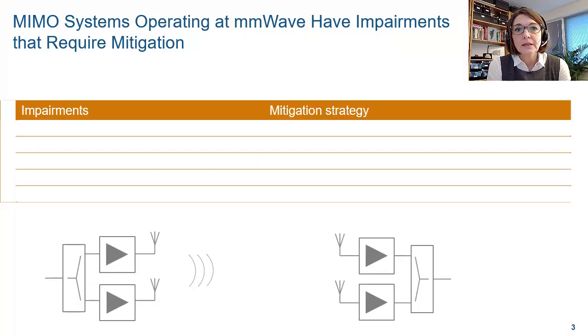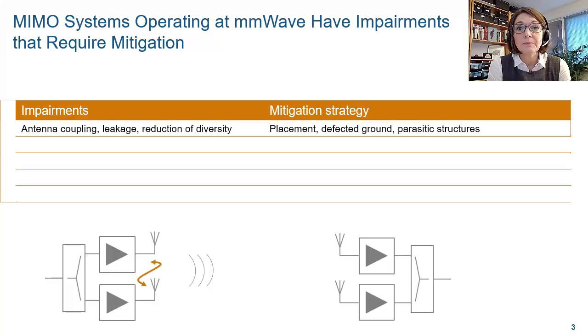Unfortunately, however, designing millimeter wave systems is not easy. And it's not easy because there are many impairments that need to be estimated and mitigated. For example, antennas need to be packed tightly together, and this might lead to coupling. So adjacent elements might leak, leading to an overall reduction of diversity.